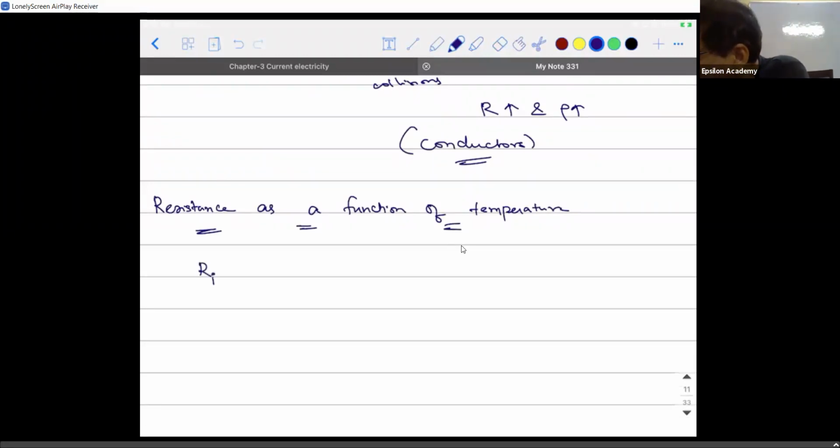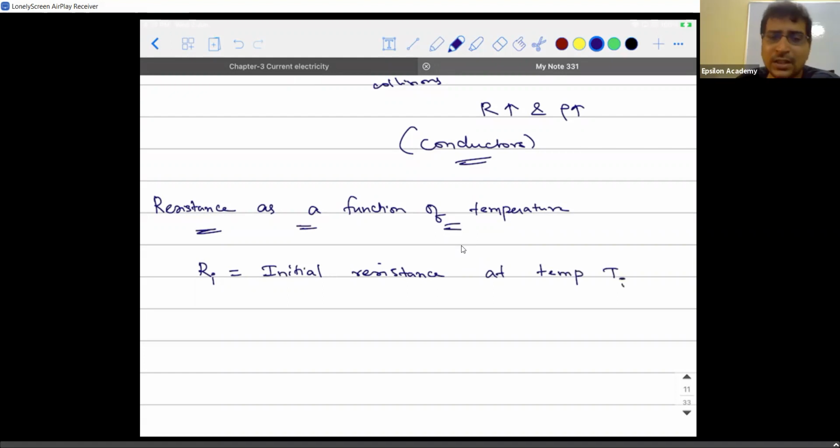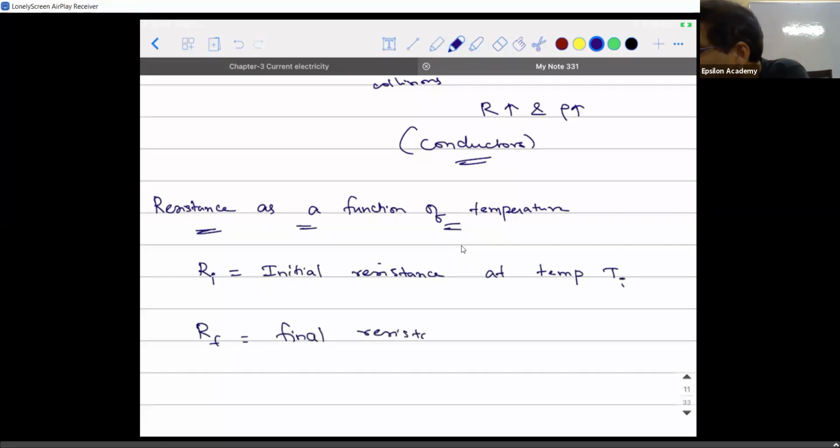If I say Ri is the initial resistance at temperature Ti, generally I stands for initial, and Rf is the final resistance at temperature Tf.